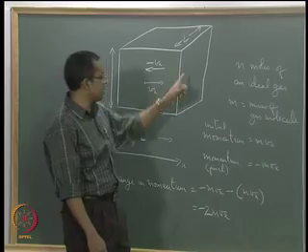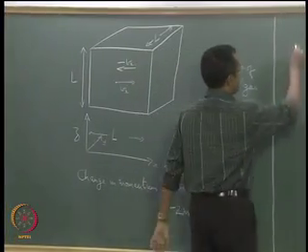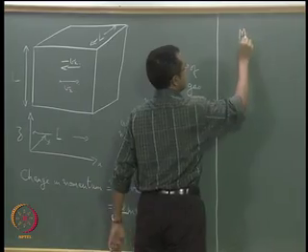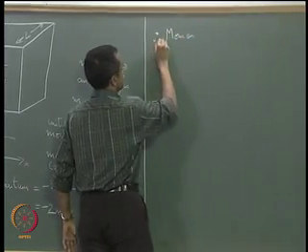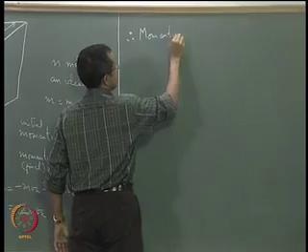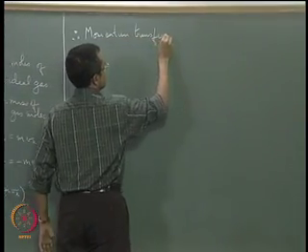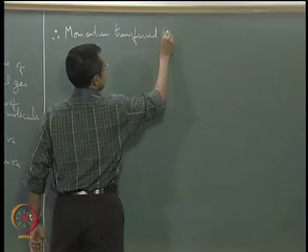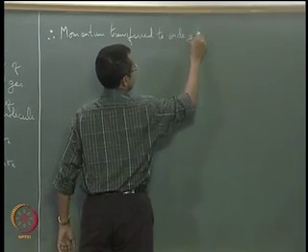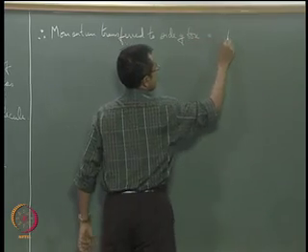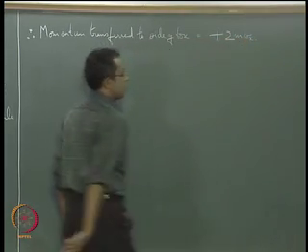So the momentum transferred to this side face, the one that is not the front face, is plus 2 mvx.